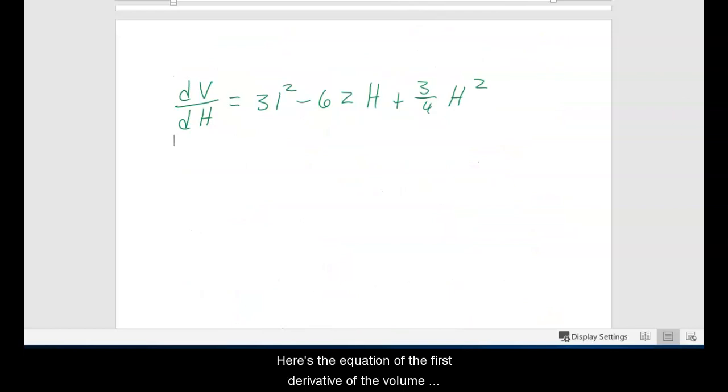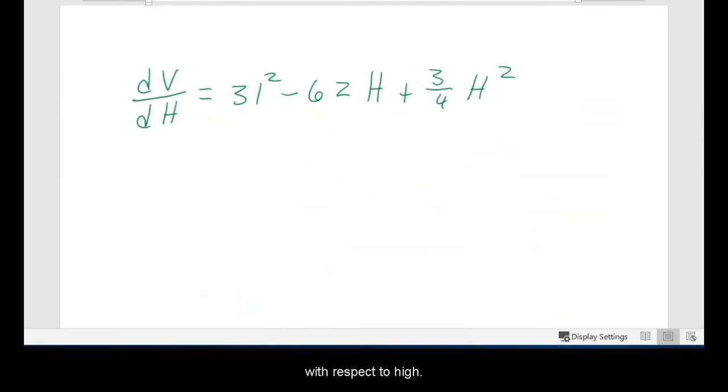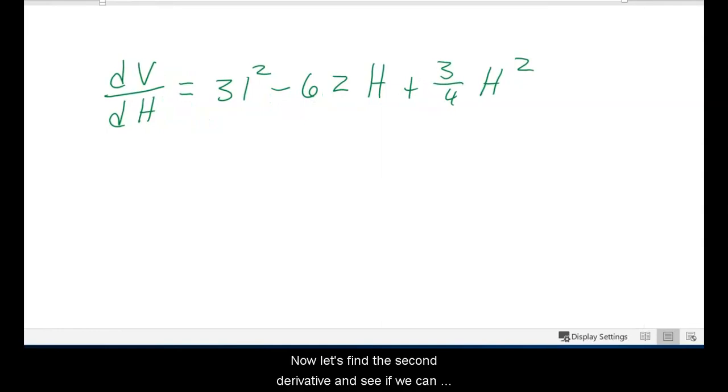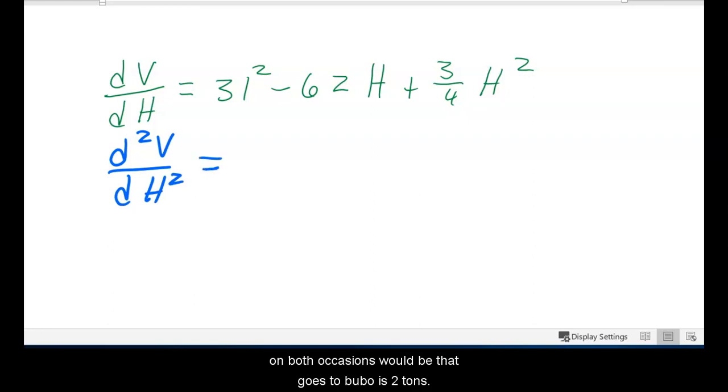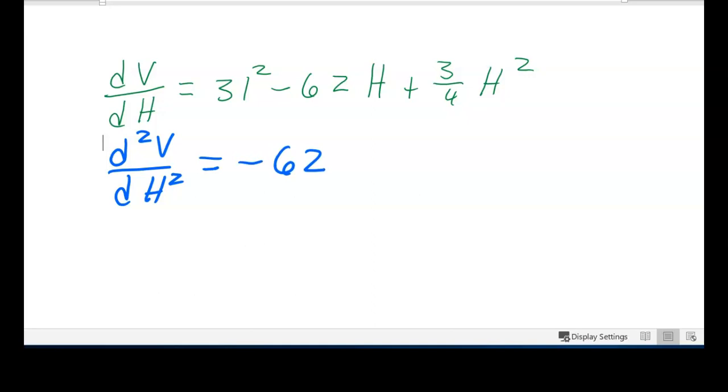Here's the equation of the first derivative of the volume with respect to height. Now let's find the second derivative and see if we can use the second derivative test to determine whether the curve is concave up or concave down. The second derivative of the volume with respect to height would be, that goes to 0, this becomes negative 62, and this would be 2 times 3/4 times h.